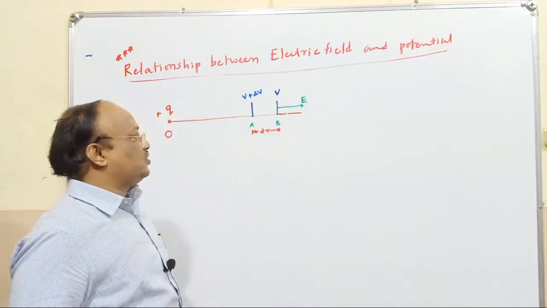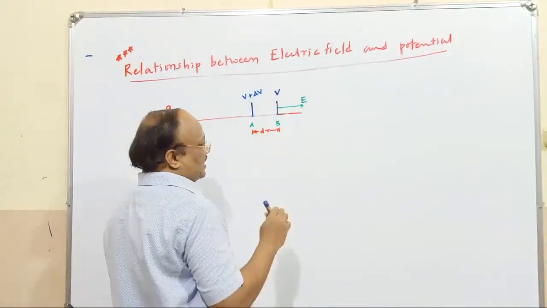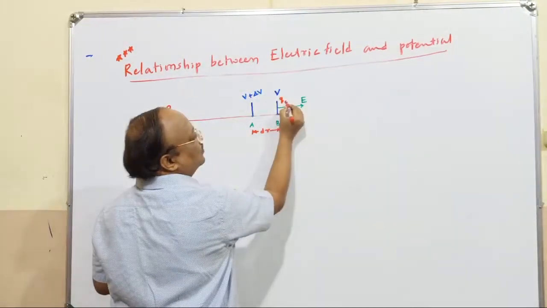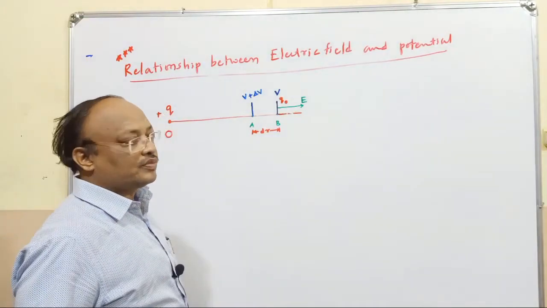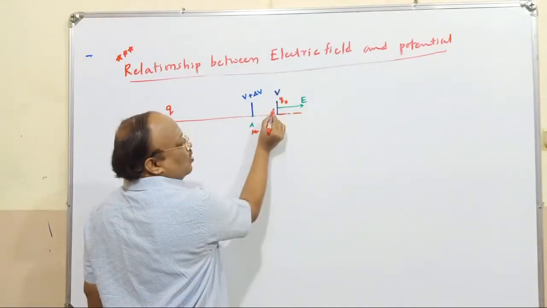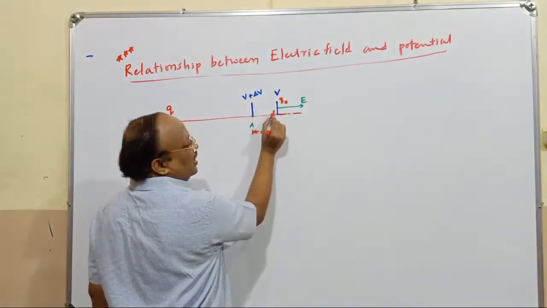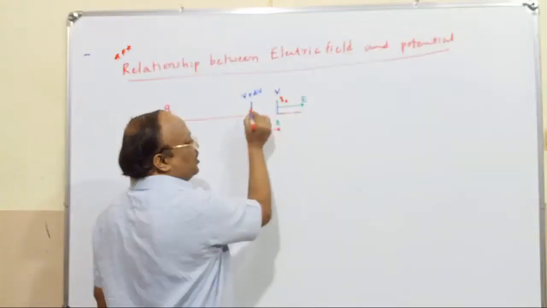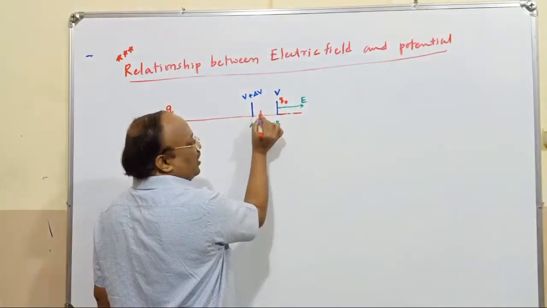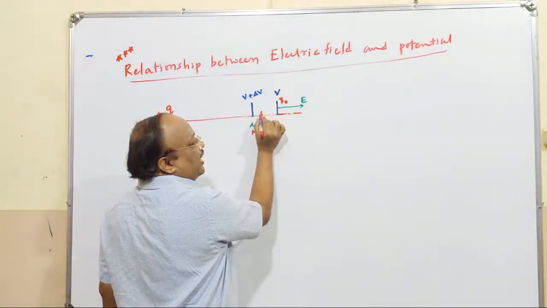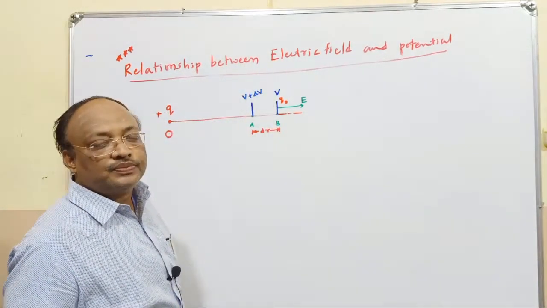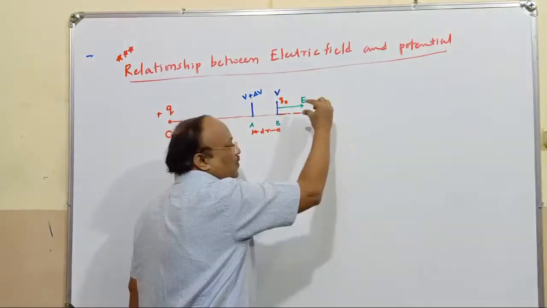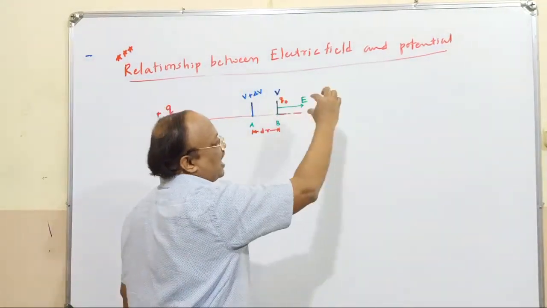A test charge Q naught, I want to move in this direction, from B to A, from V to V plus delta V. Because of that, I am applying an external force.